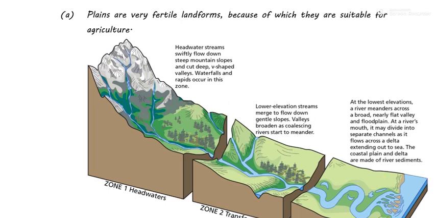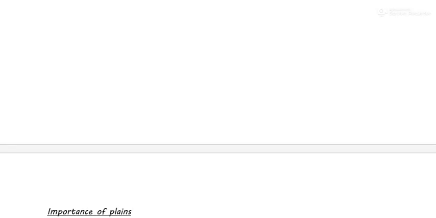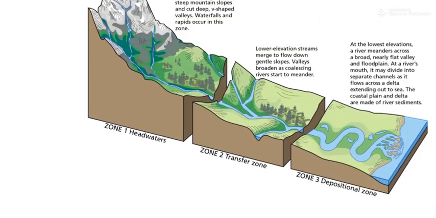So in a way, we can say that plains promote agriculture, agriculture promotes population, and population promotes economic growth. When there are more people, there will be more earnings. When there will be more earnings, the economy of a place will increase and the people will prosper. So this is how plain is important in our lives. That was the first point.